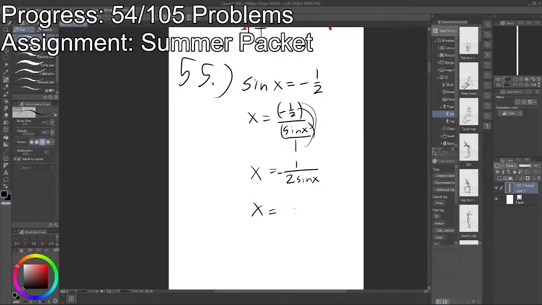Okay, so this equals 1 over negative 1 over... so the 2 stays down there then. So if I'm not wrong, you should be able to do negative cosecant x over 2.